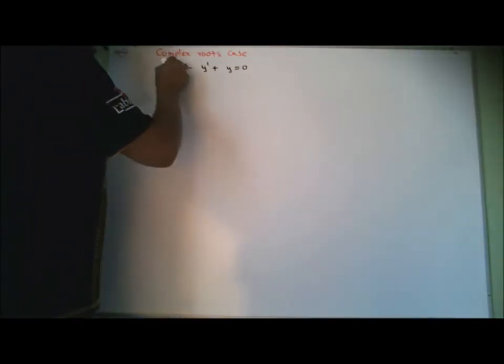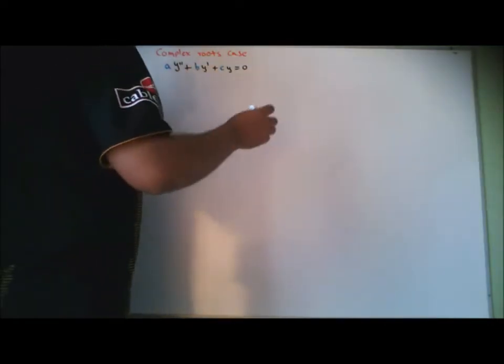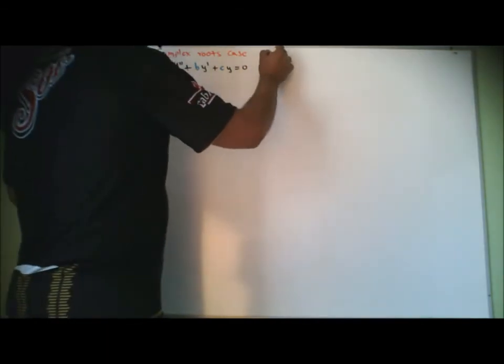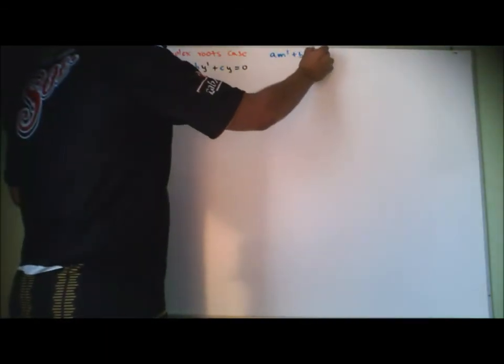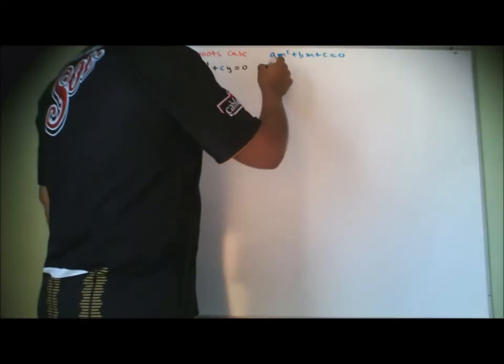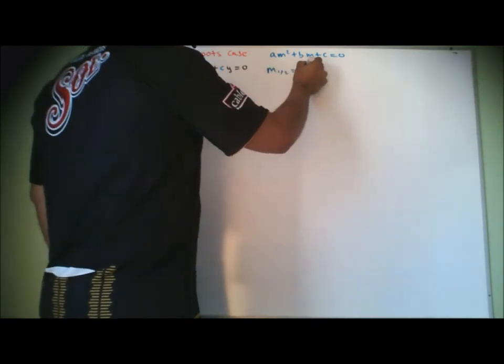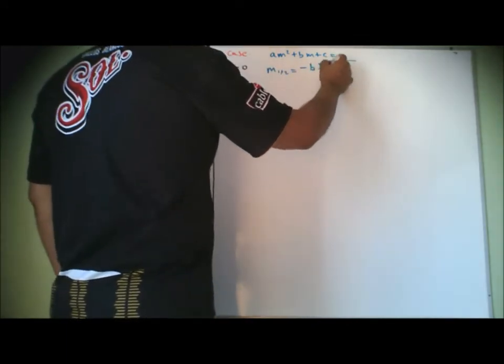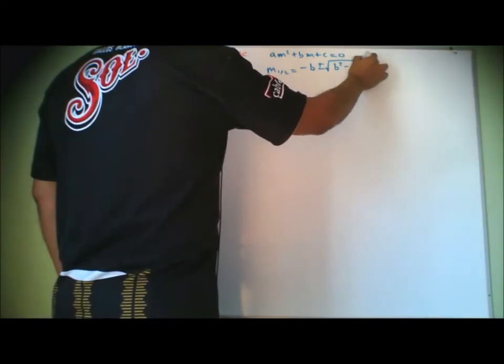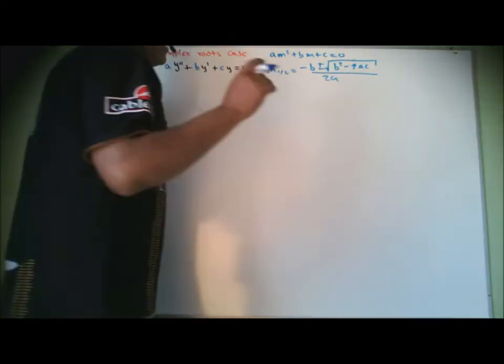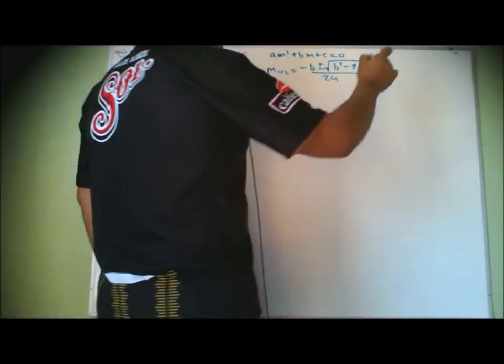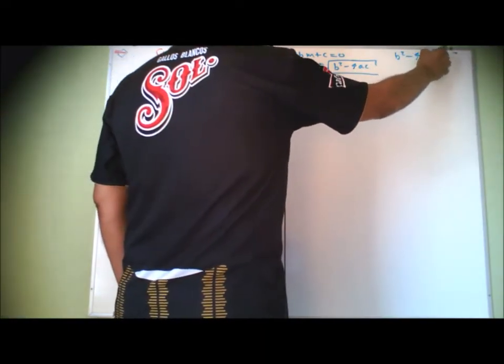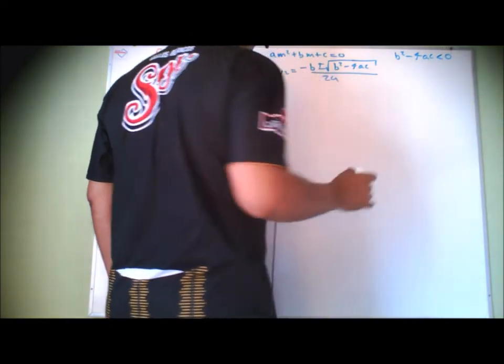Okay, so because we need a generic case, I'm going to use a, b, and c. The characteristic equation will be a m squared plus b m plus c equal to 0. And the chicharronera is going to be equal to minus b plus minus the square root of b squared minus 4ac, over 2a. Now, to have imaginary roots, what should happen is that b squared minus 4ac must be negative.